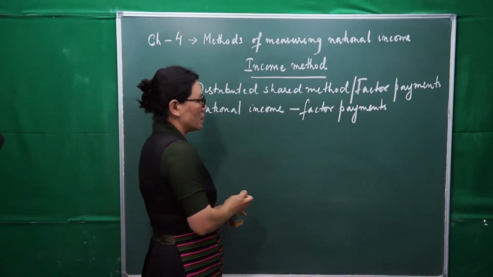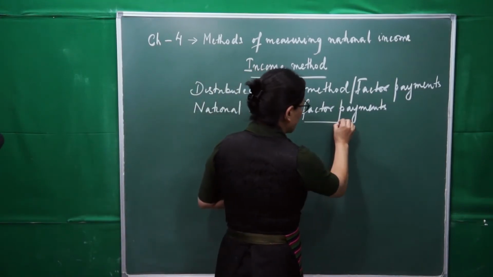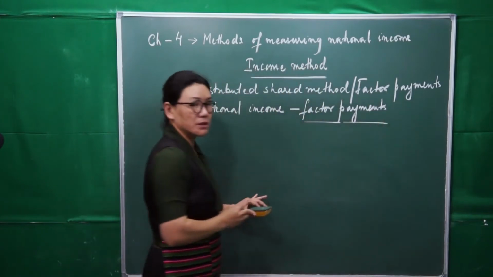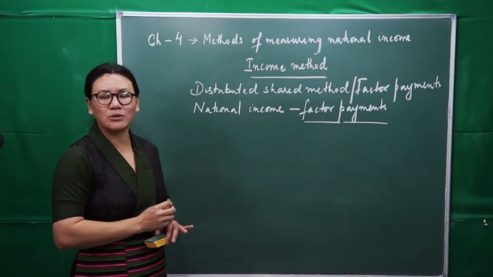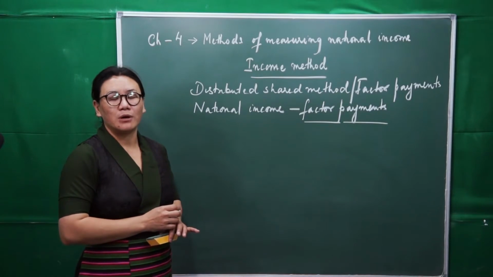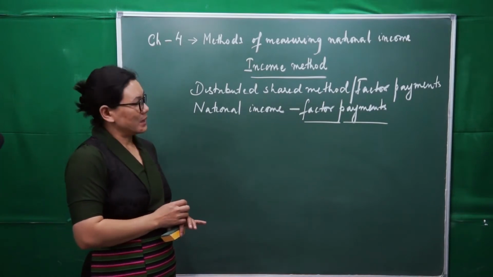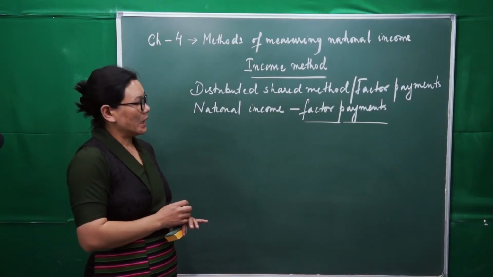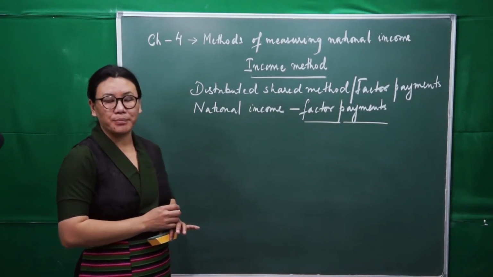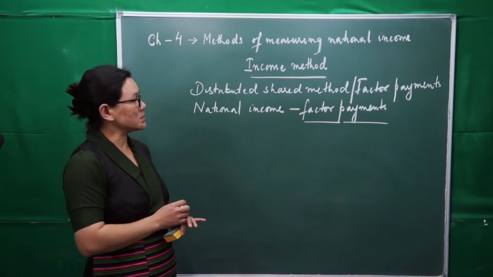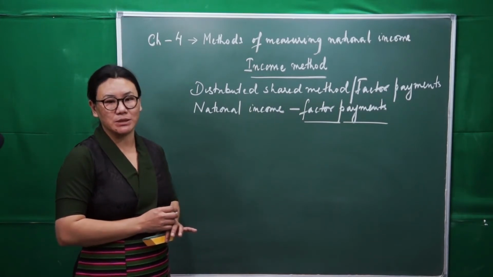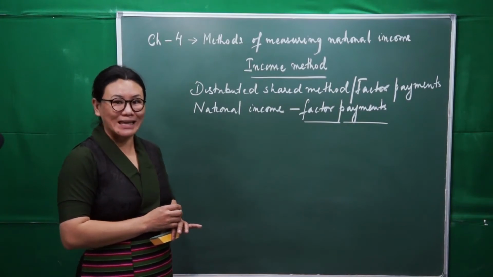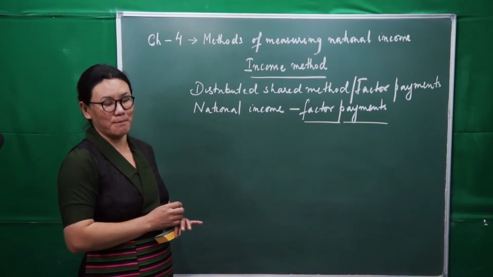Now see here, we are getting again this concept, factor payments. This one we have already discussed in my first video, and factor payments become an important part of this income method. So I will be recapitulating it again in brief.